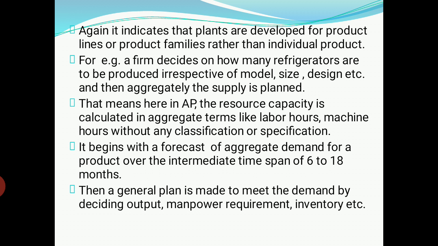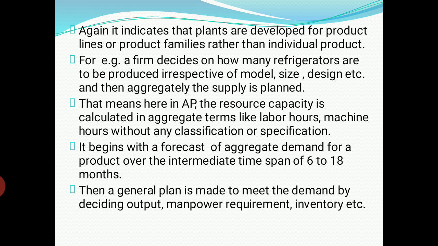What size, which color, that is not taken. For the whole family of refrigerators, whatsoever size, model or design, aggregately what number of refrigerators are demanded or will be demanded somewhere in the near future, depending upon that the capacity is adjusted.